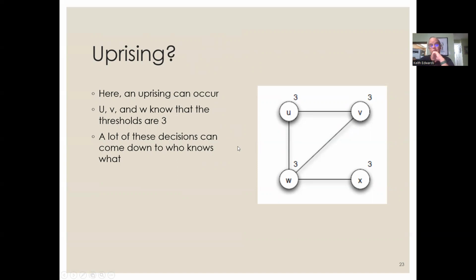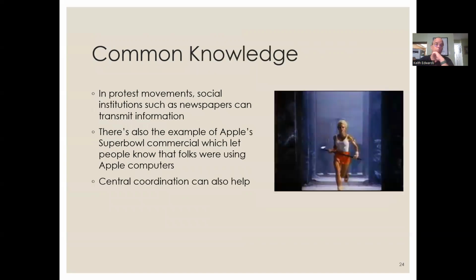A lot of these decisions come down to who knows what. In protest movements, social institutions such as newspapers can transmit information. That's again something that's brought up in Beckerman's book, The Quiet Before. You can also transmit information via television or other media commercials. Apple's 1984 Super Bowl commercial let folks know that a lot of people out there were using Apple computers, and it's a very famous commercial.